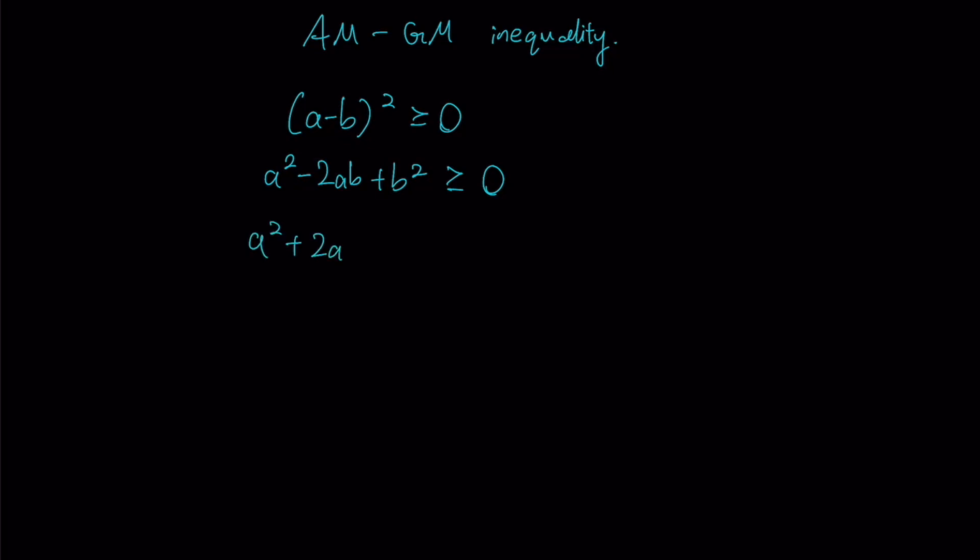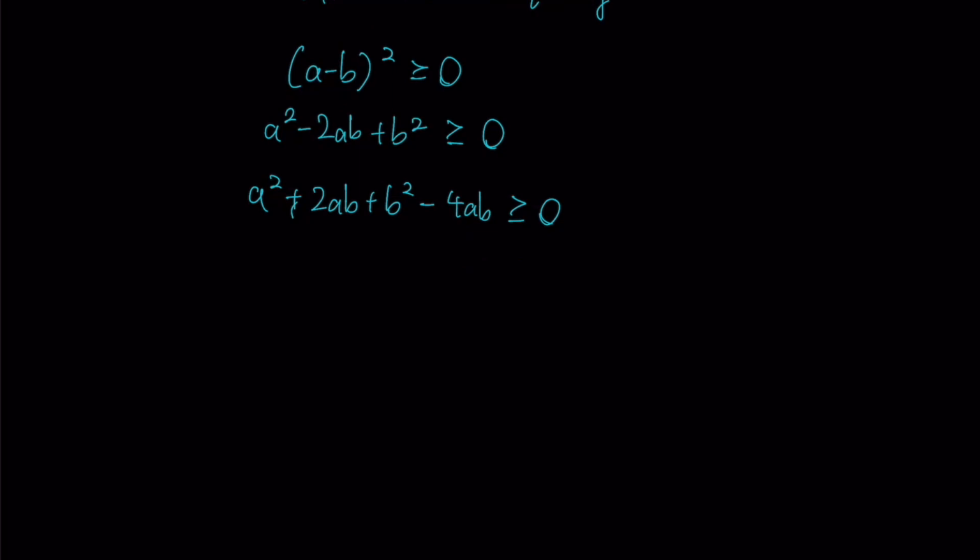And this is how that's done. We add 2ab here and we subtract 4ab so that we keep the total value consistent throughout. Now this portion can be factorized into a plus b squared minus 4ab greater than or equal to 0. We can then shift 4ab to the right-hand side of the inequality. And this is what we have.